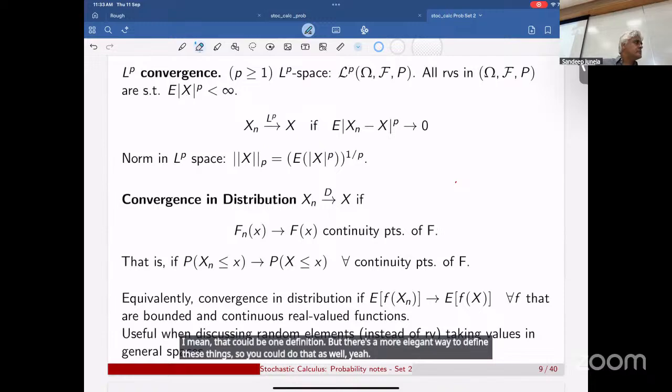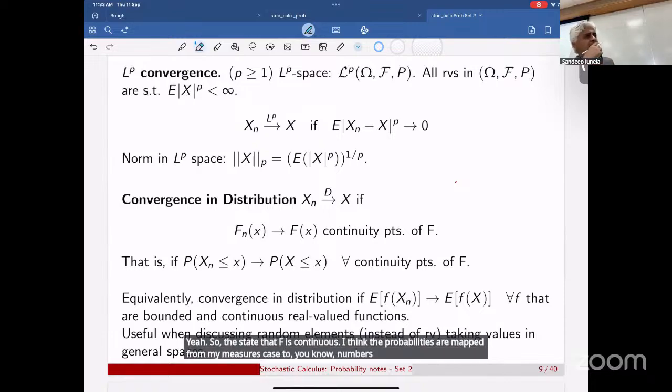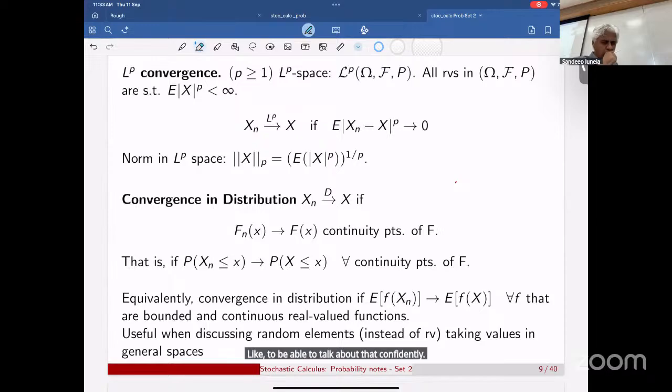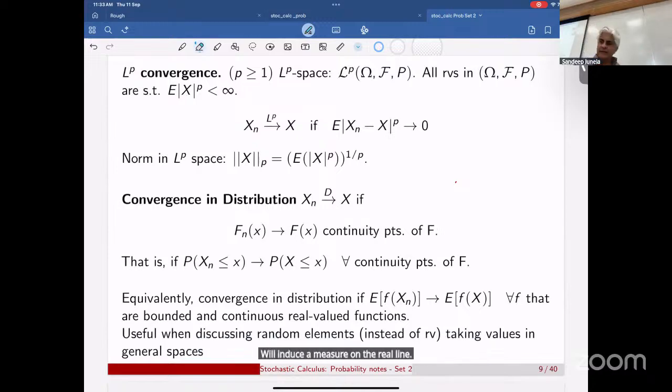Basically, we define capital F as the probability of X less than or equal to small x. I want to understand what it means to say that F is continuous. Probability is a map from my measure space to real numbers. So what is the metric on the measure space that I'm taking, to be able to talk about that confidently? Every random variable X I define will induce a measure on the real line, and then I can just look at this function.